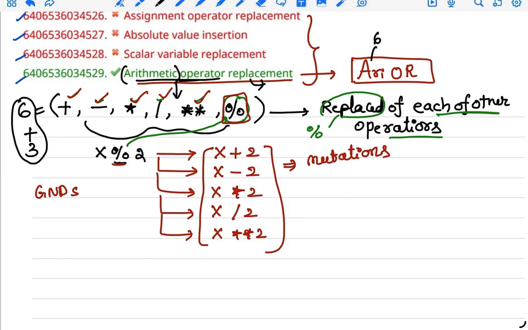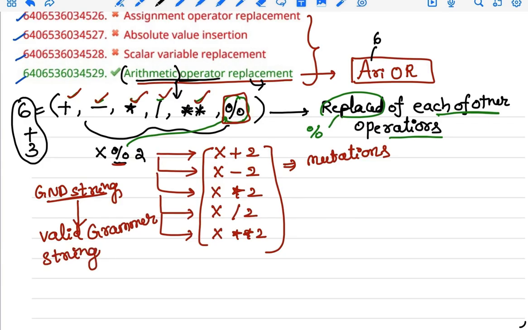It is a valid grammar string, or a program also. Ground string is a program. A valid grammar string means valid sentences. Sentences, program, or complete software also, all these come under the ground strings.